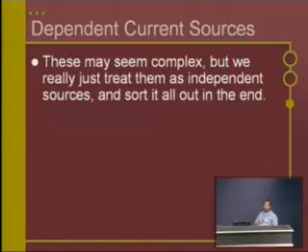In this case, we write the dependent current source controlling equation in terms of one of the node voltages, plug that in where we originally saw the dependent current source in the original KCL node equations, and then just sort it all out and solve. It's really not that big of a deal.